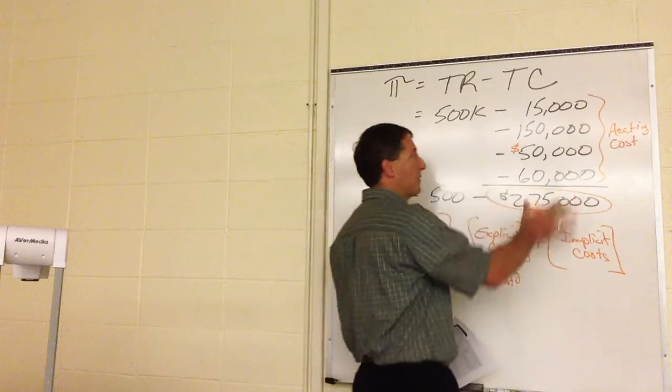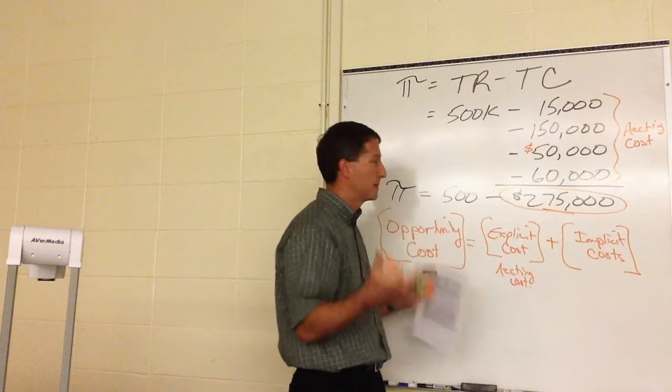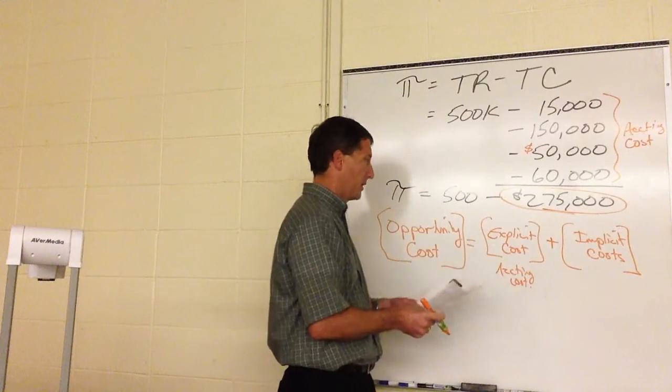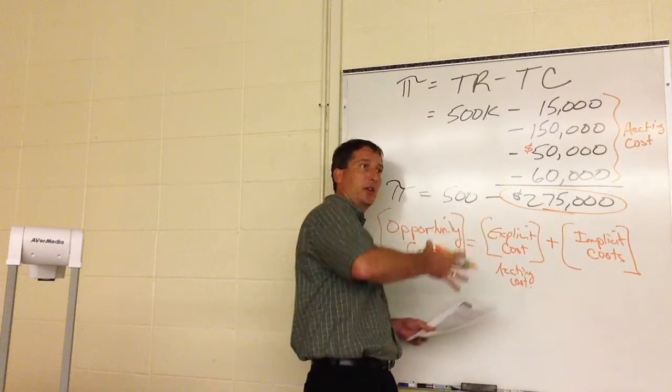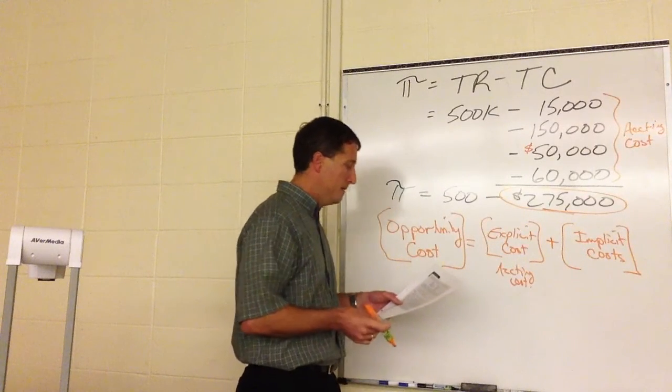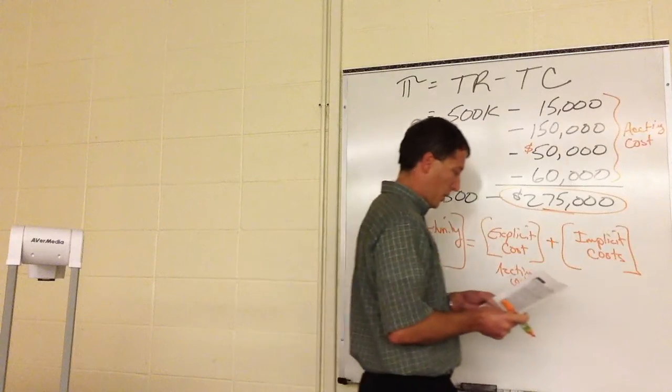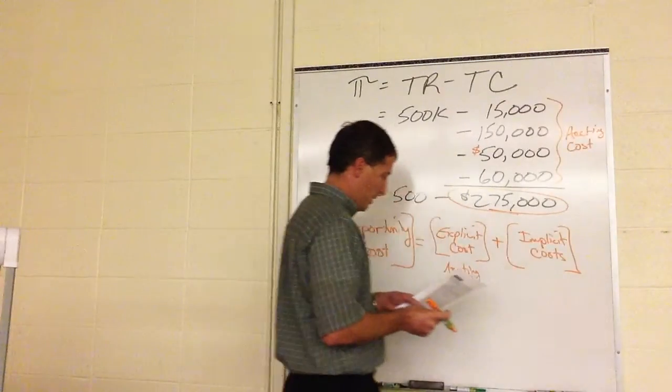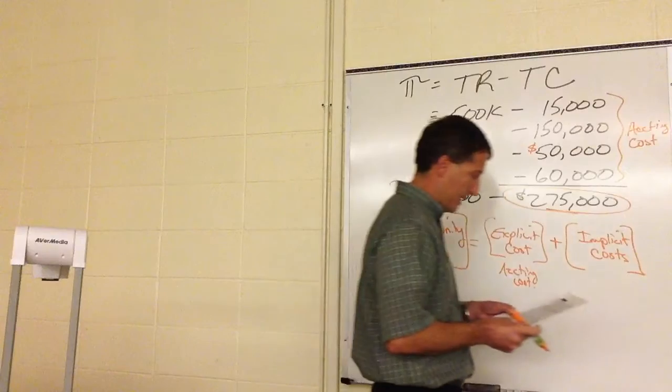It might not have an easy dollar value always, but sometimes it does. And so now we start to add in the things that he could have done with his time had he not done what he did. Okay, so what else does he got?